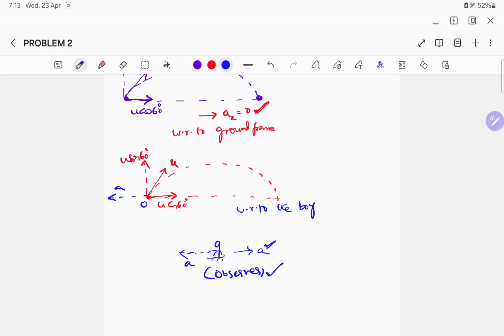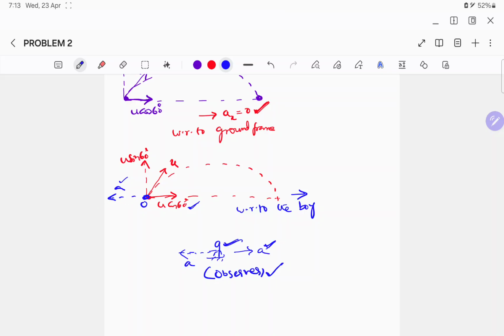So now when the boy comments about the particle, he says that along the horizontal direction it has initial speed u cos 60 in the i cap direction, and it has some acceleration along the minus i cap direction.